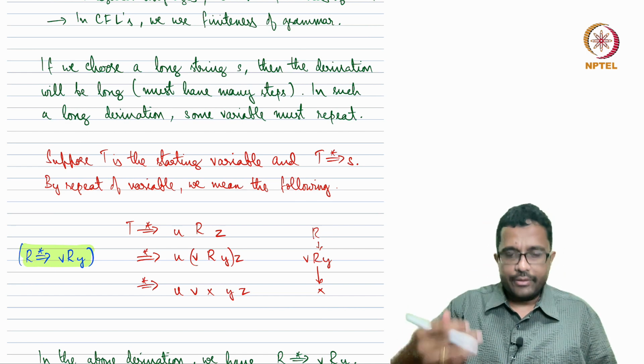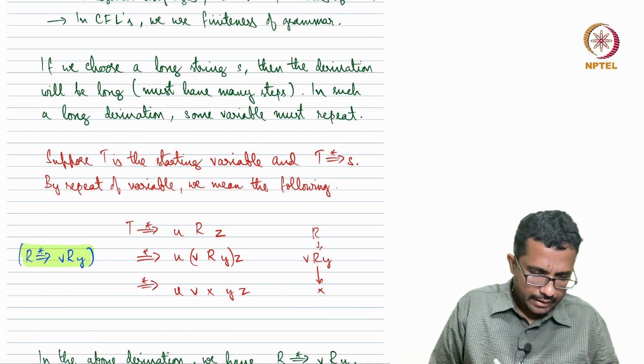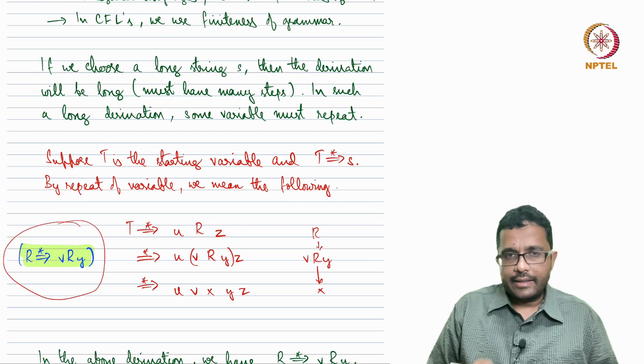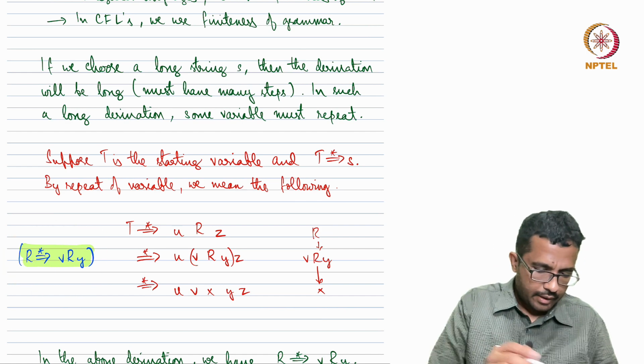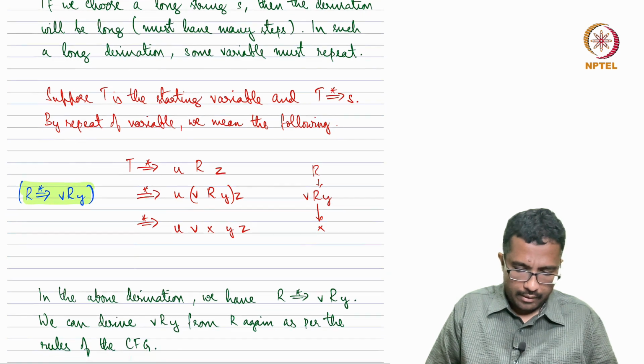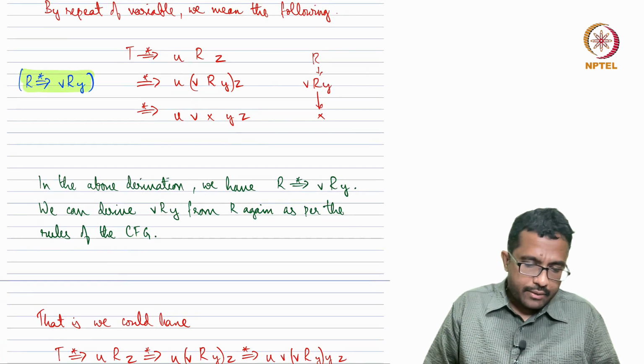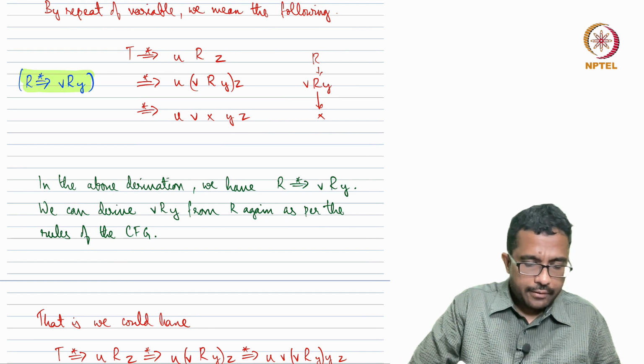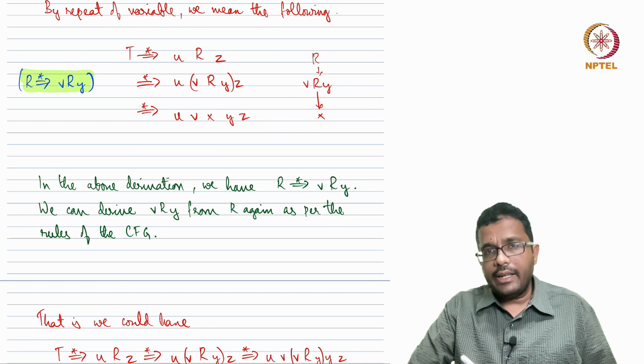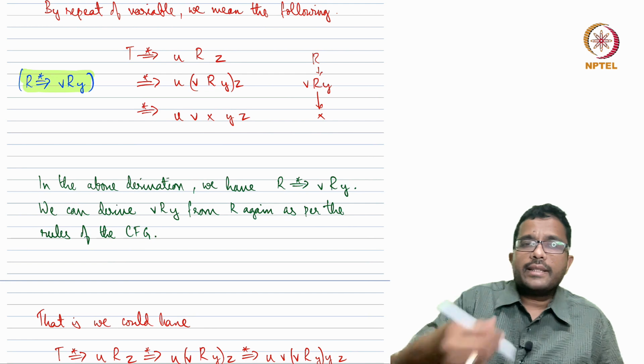So the key point is the fact that R derives itself, right? This is what we will use. Now one may ask, why not derive R again? We got VRY from R, but we could use that same thing again.